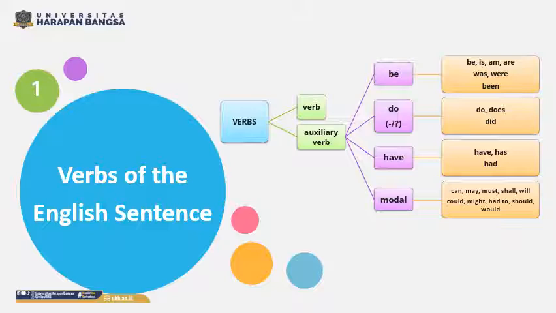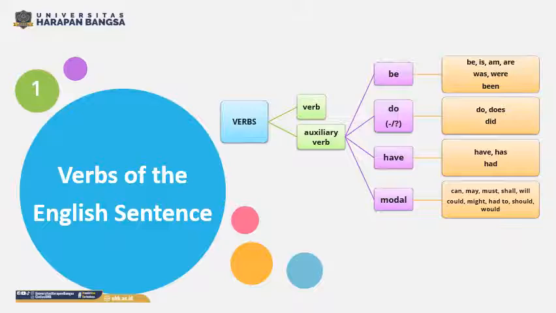It can be present modal: can, may, must, shall, and will, or past modal: could, might, had to, should, and would. Remember that modal must be followed by verb 1 or the base form or bare infinitive.